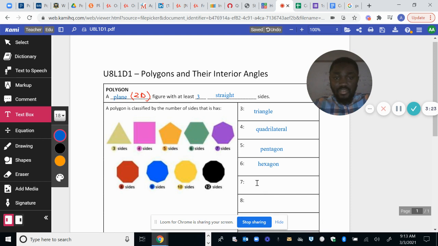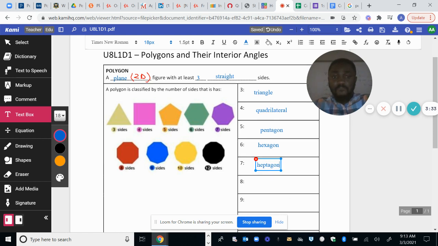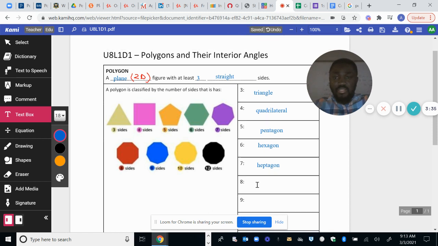The seven-sided is called a heptagon, the purple one. And the one with eight sides, like this red one there, is what we call an octagon.